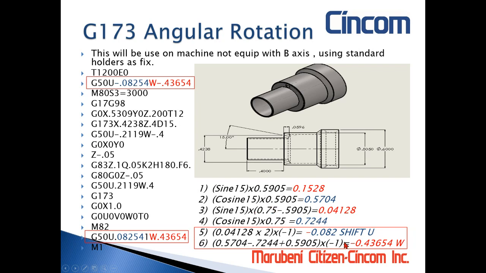The U will be a sine, and the W will be a cosine. If you do this math, this is how I get my shift. This shift is defined from the gauge line of the holder, by how much I have stick out of my tool.